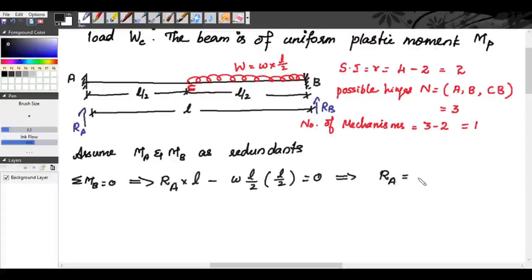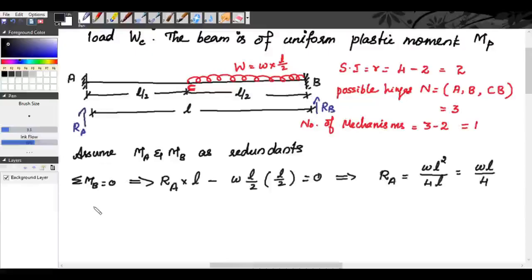So RA is equal to WL square by 4L. So we get WL by 4.